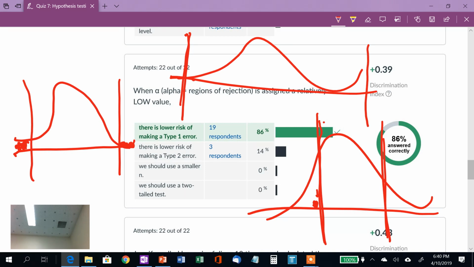So the further away you go, the lower the risk of you claiming that person cheated in playing the lottery. So the further away you go, the lower the risk of you making a type 1 error. Questions on that?